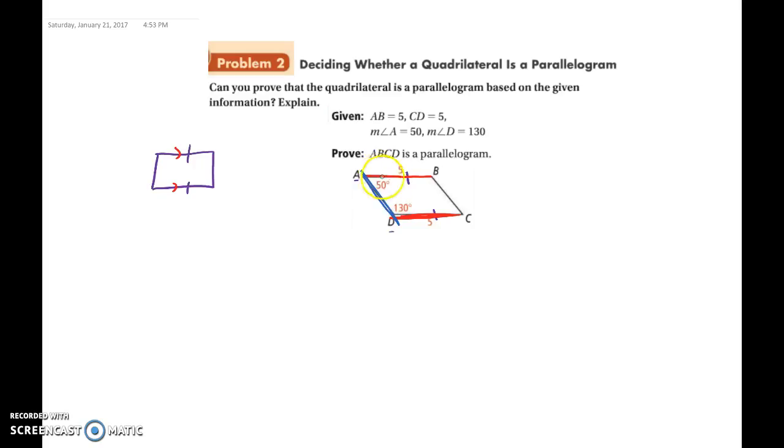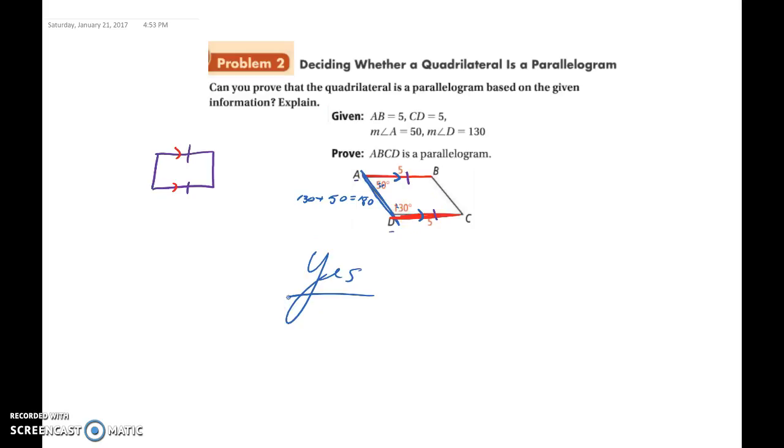So now, these two lines, and this is our transversal. Well, 50 plus 130 does equal 180 degrees. So that guarantees that these two lines are parallel because these same side interior angles are supplementary. So now it proves that AB and DC are both congruent and parallel. So yes, this is a parallelogram.